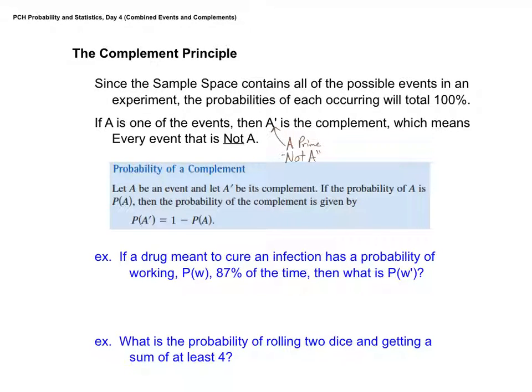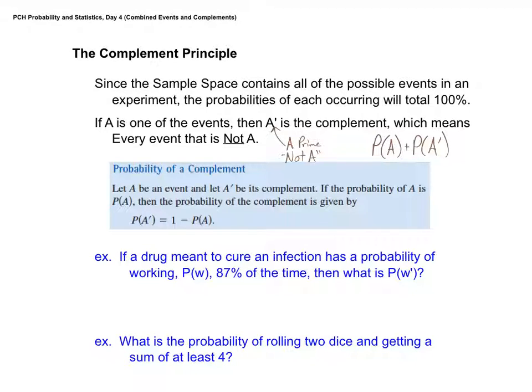Now, what we have just done here is we've divided our situation into two parts that encompass the entire sample space. And as a result, the probability of A happening plus the probability of A not happening has to equal what?